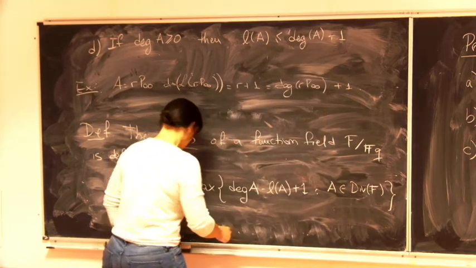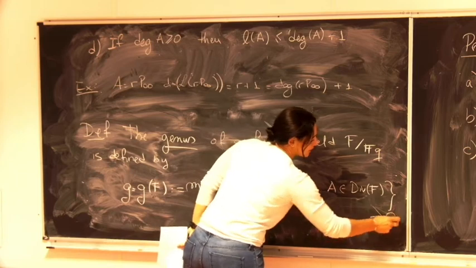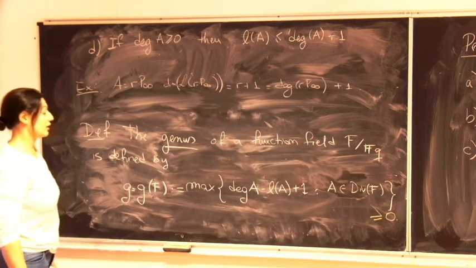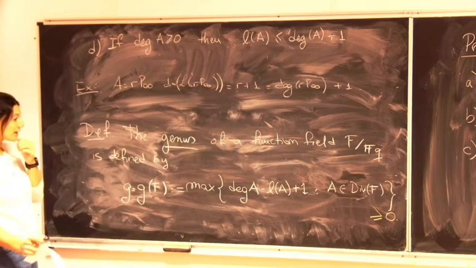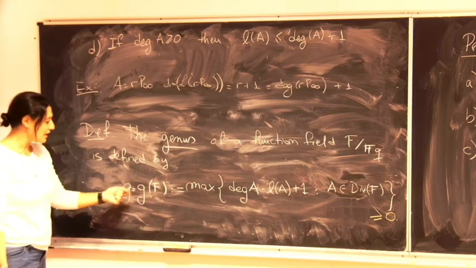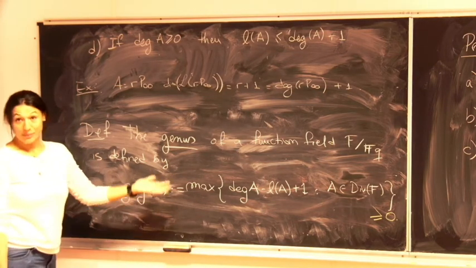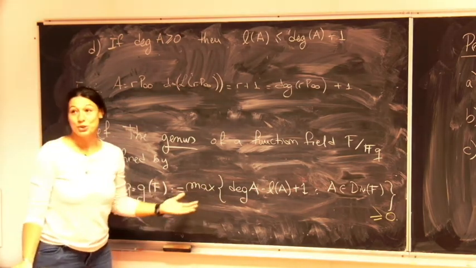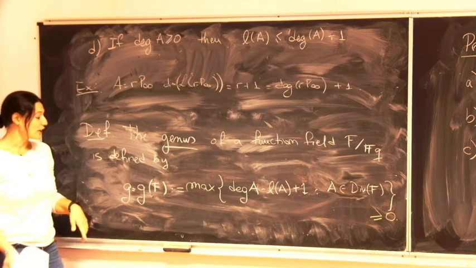So the genus is always a non-negative integer, because this is an integer, this is an integer, okay? So it's the maximum of that. And can I always have this element? Because this is a maximum, so I need to know that this is bounded in order to assure that we can always get the genus of the function field.